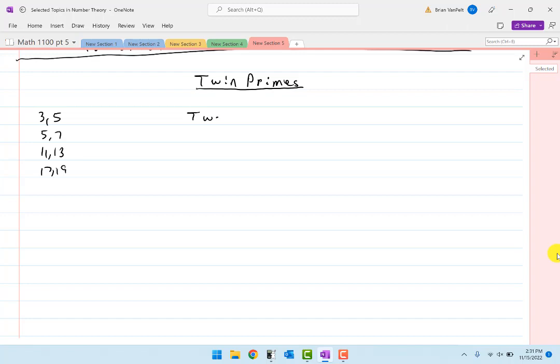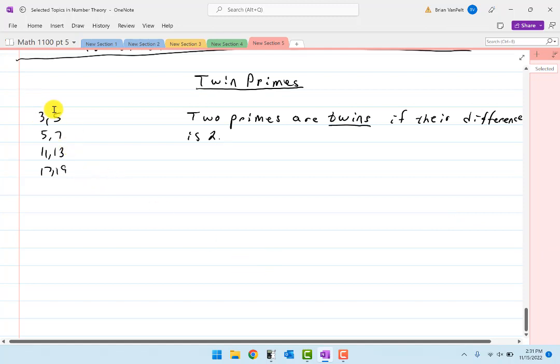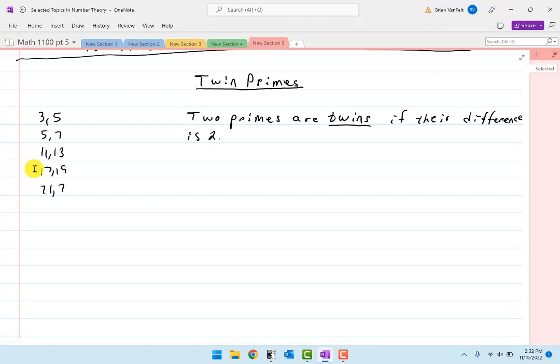Two primes are twins if their difference is 2. So you can see over here, 5 minus 3 is 2, 7 minus 5 is 2, 13 minus 11 is 2, 19 minus 17 is 2. So they're just primes that are separated by 2. One more pair, 71 and 73.